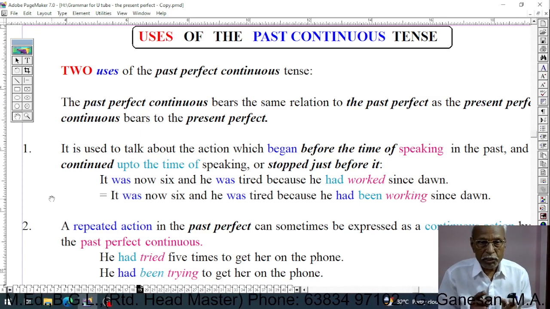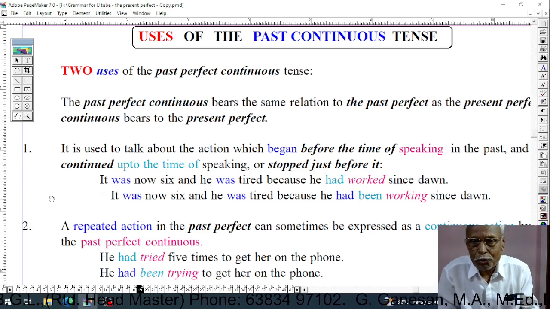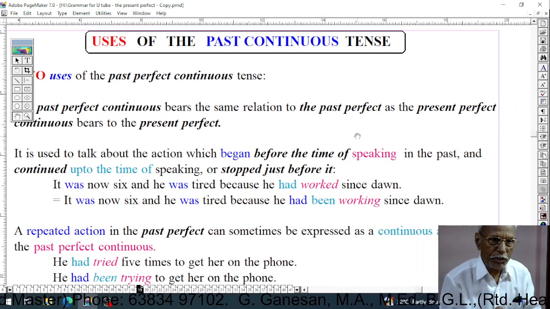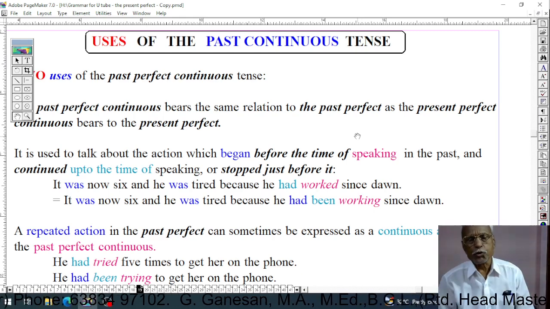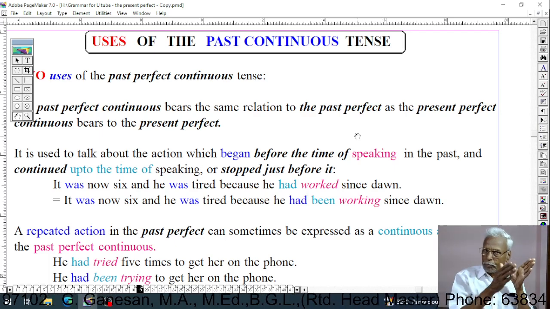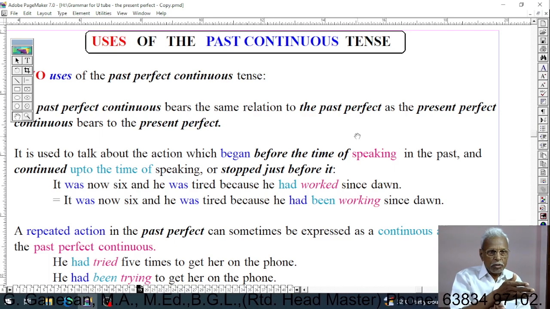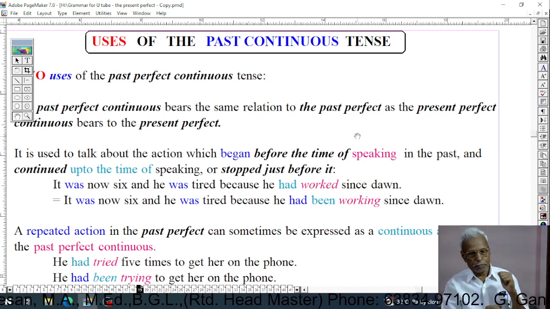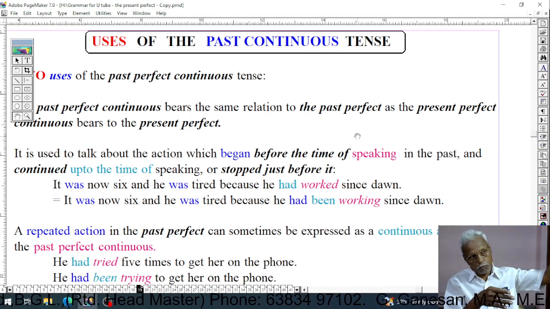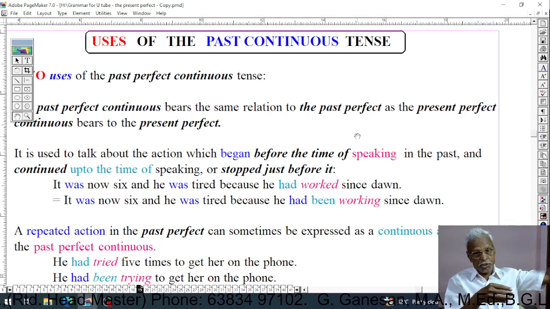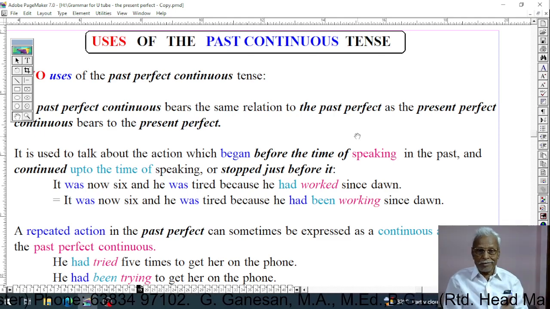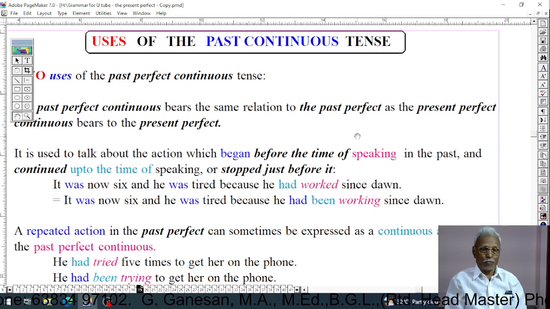The past perfect continuous bears the same relation to the past perfect as the present perfect continuous bears to the present perfect. You see, when an action finished its work in the past and it has some relation with the present, then it is used in present perfect tense.